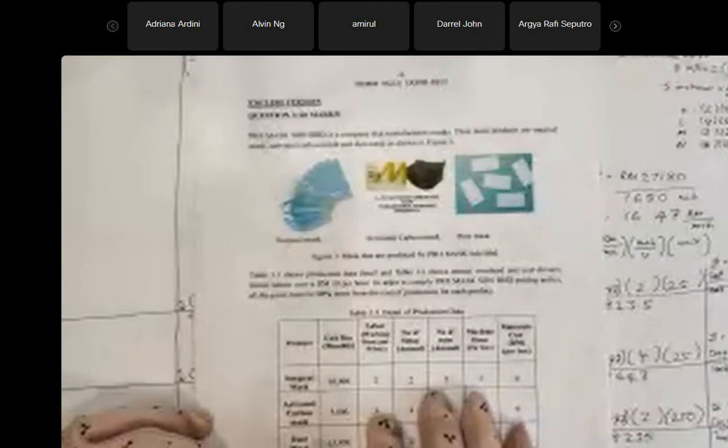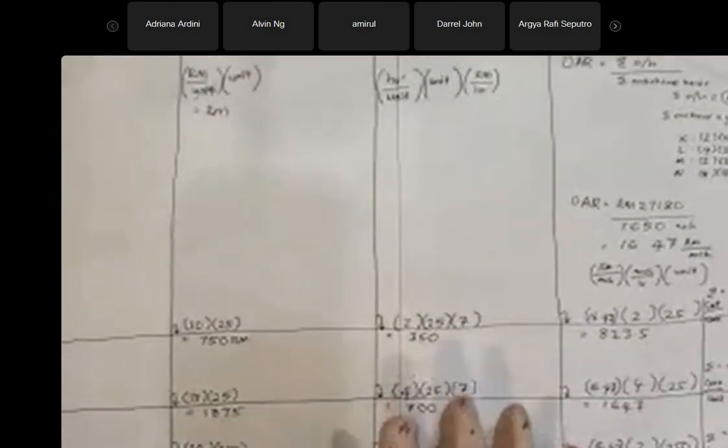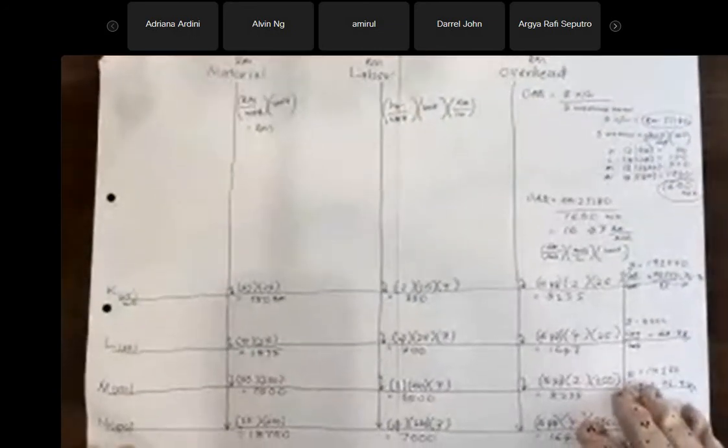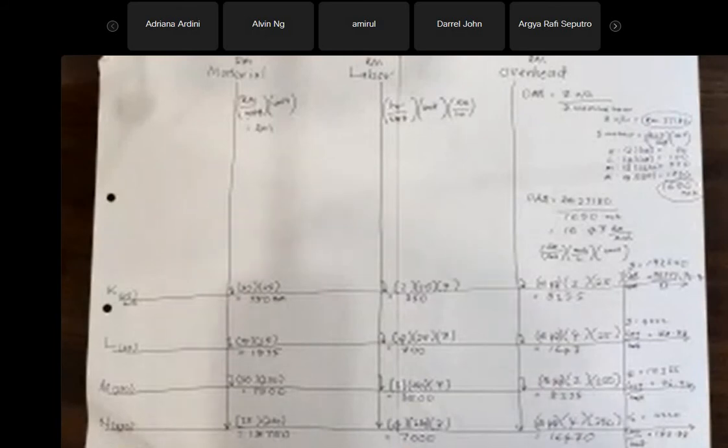Doktor, boleh tengok yang calculation tadi tak? Sekejap, internet dia punya ni. Okay, saya dah terturun tak? Sekejap. Boleh nampak tak? Yang hujung kecil tu tak nampak, yang dekat overhead tu.